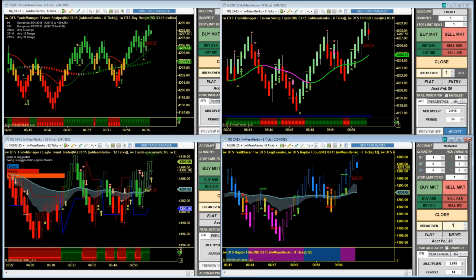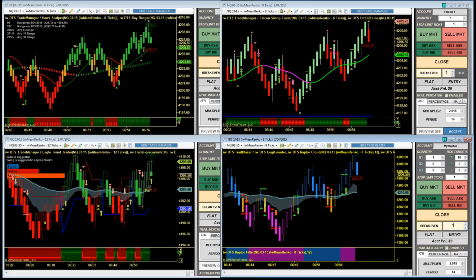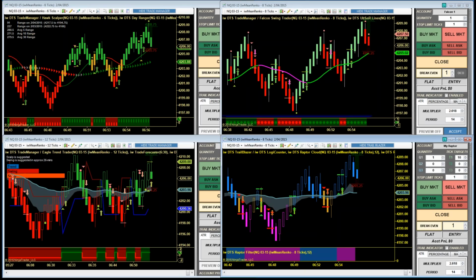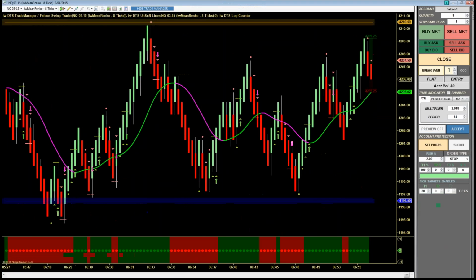Okay, one thing I did forget to mention to you, because I've taken it for granted for so long, I see a few people asking here about the bar style. The bar styles are the mean Renko bars. Now these have been specifically developed for DTS. I do believe you can purchase them as a standalone.